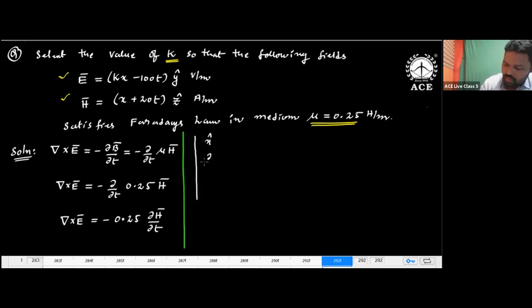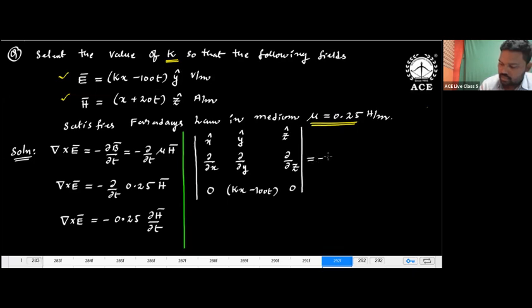Here it is x cap, here it is y cap. So dou by dou x, here it is 0. Which component of the electric field is given? The y component, so here it is y cap, dou by dou y, kx minus 100t. Here it is z cap, dou by dou z, here it is 0.